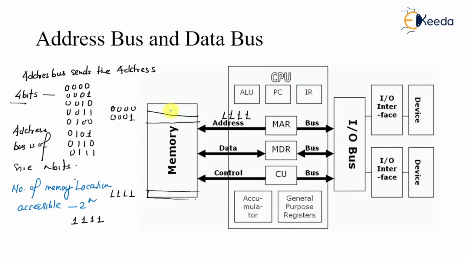In that case the first address will be 0 and the last address will be 2 to the power n minus 1. So that is your address bus.